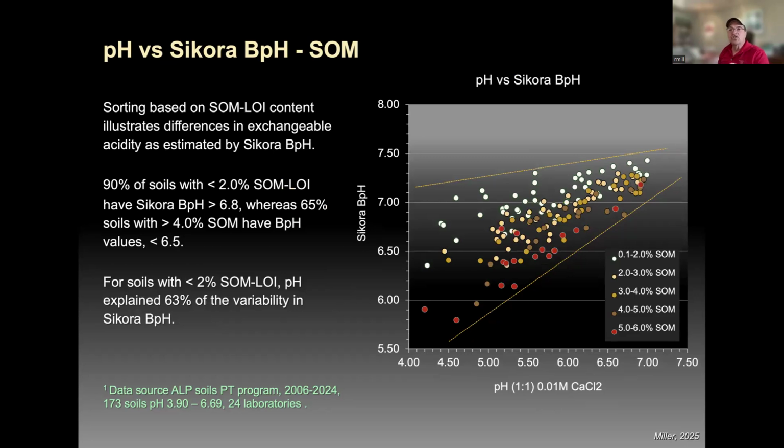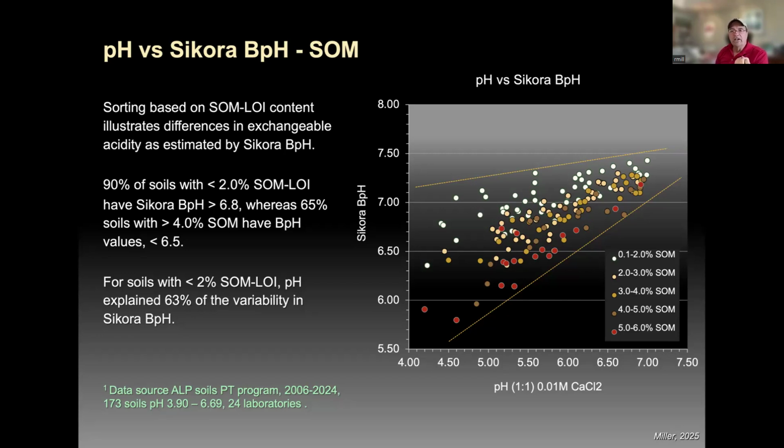In fact, there's several soils there that are very acid but have buffer pHs exceeding 7. 90% of those soils have buffer pHs less than 6.8. Whereas 65% of the soils that have more than 4% organic matter have buffer pHs less than 6.5, which tells us there's a lot of reserve acidity in those higher organic soils.